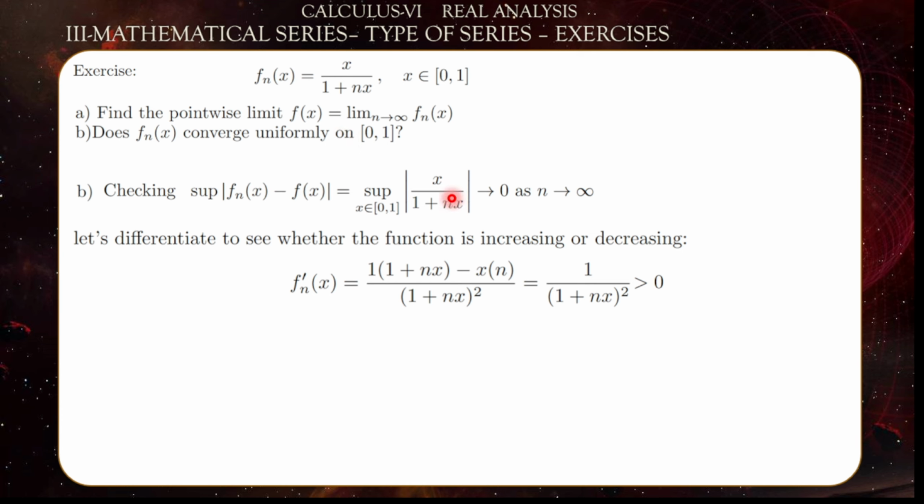So u'v is the derivative of the numerator multiplied by v, the denominator, which is 1 times (1 plus nx), minus uv', x multiplied by the derivative of the denominator, which is n here, divided by v squared, the denominator squared. nx minus nx cancels out, so we have 1 divided by (1 plus nx) squared, always greater than 0.